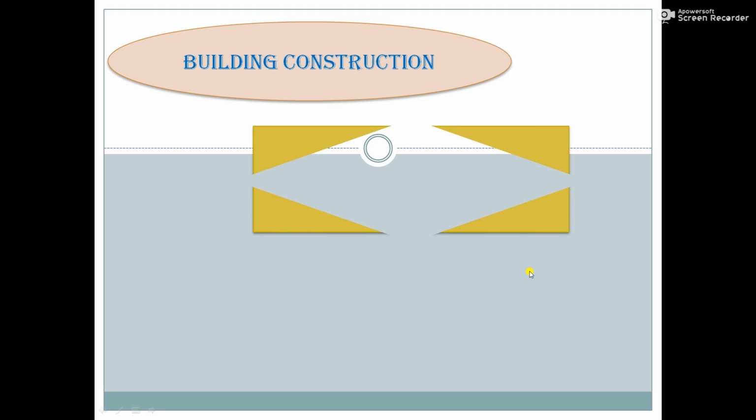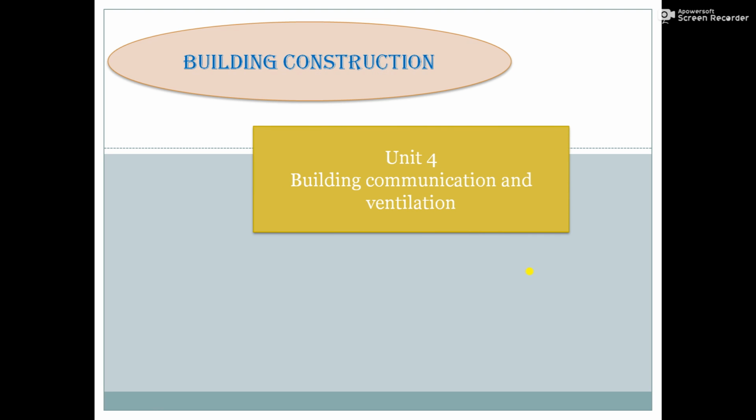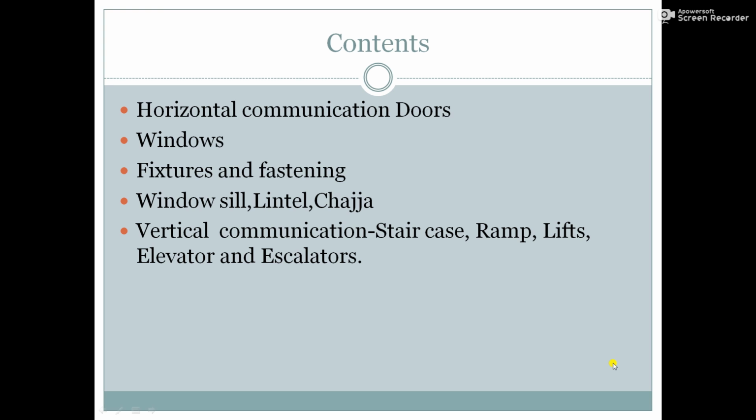In today's lecture, we are going to start a new chapter from the syllabus, that is unit number 4, building communication and ventilation. This chapter carries 12 marks. In this whole chapter, we are going to discuss horizontal communication, that is doors, windows, fixtures and fastenings, window sill, lintel, chajja, then vertical communication.